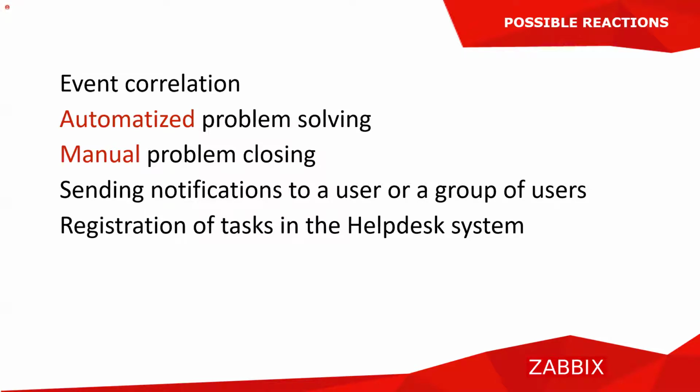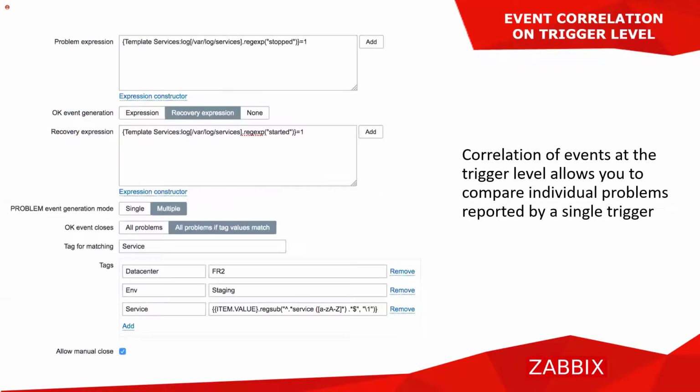And with integration with the webhooks, there are a lot of help desk integrations, which can be set up quite simply. And the templates of those with the simple instructions on how to install them are also available. So you can register a ticket for the problem that is currently happening in the Zabbix frontend in your own system, like Jira or ServiceNow.